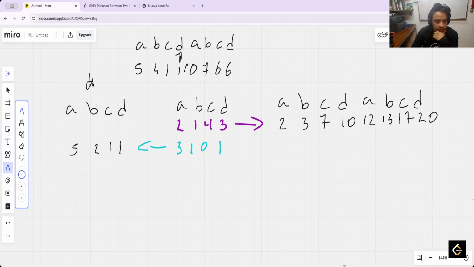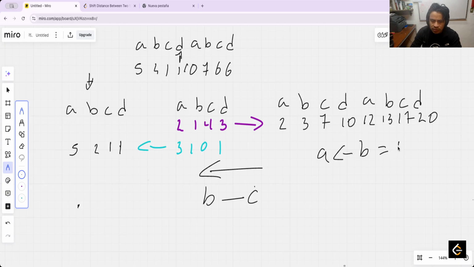For example, if I am in B and I want to discover the cost to reach the C in this direction, it is 2. Now the A comes back to the D. Is this with these numbers? B goes to A and the cost is 1.